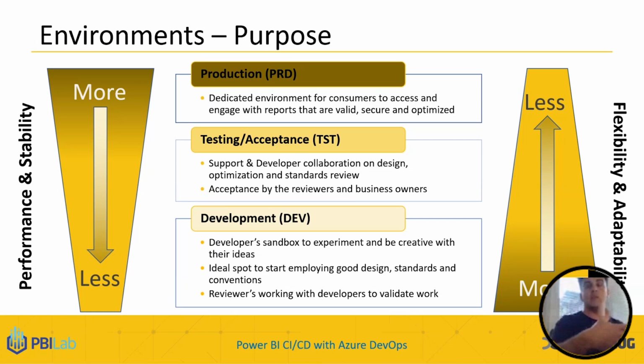My final users will access it not anymore inside a workspace, but inside an app. On the left and on the right, I'm also picturing that development gives you less performance and stability, but more flexibility and adaptability, and vice versa for production.